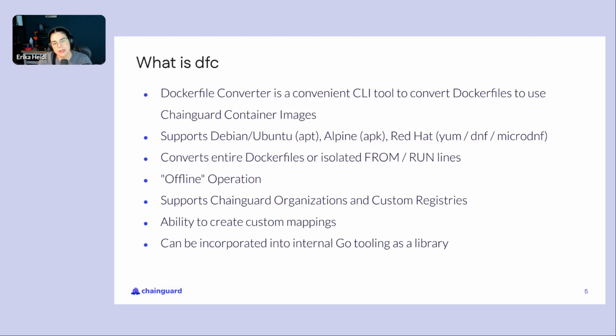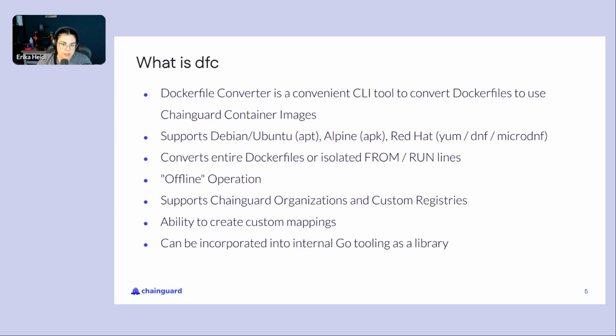There are many features, many flags that you can use to customize the behavior of DFC and what it will output. You can create custom mappings for images and packages, which we'll also see soon. And it can be incorporated into tooling.